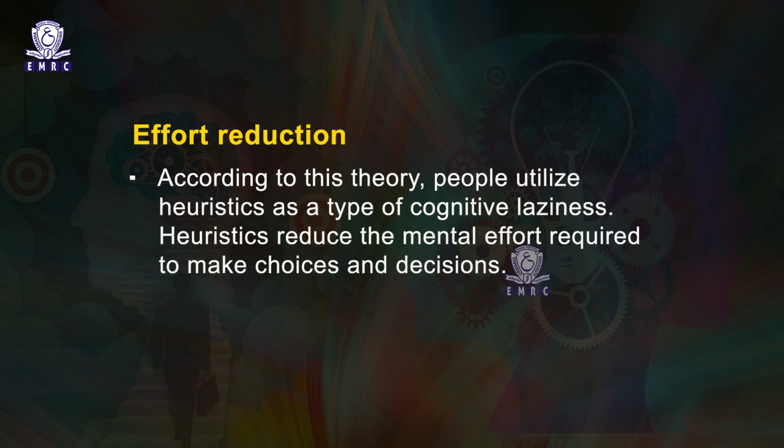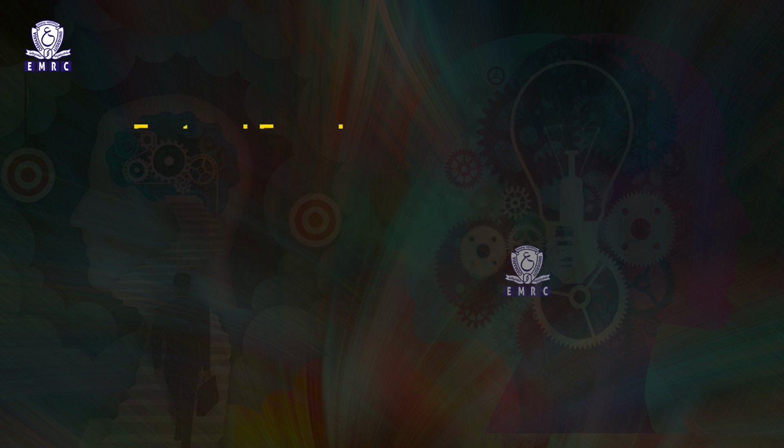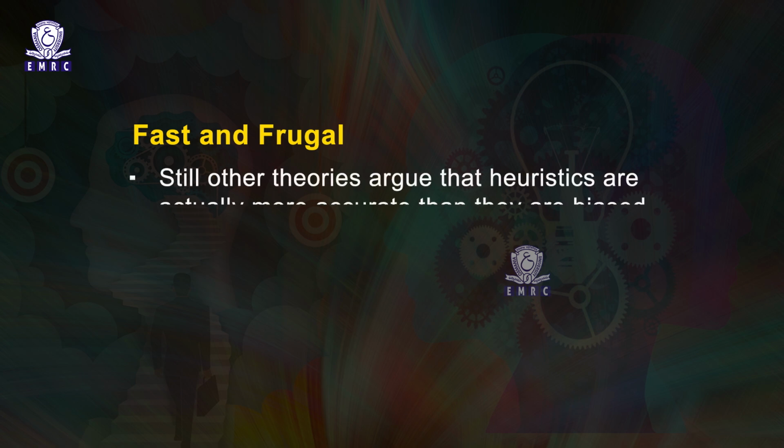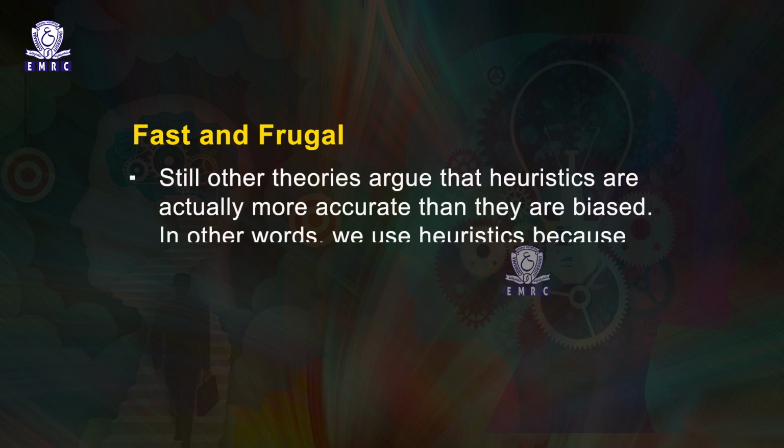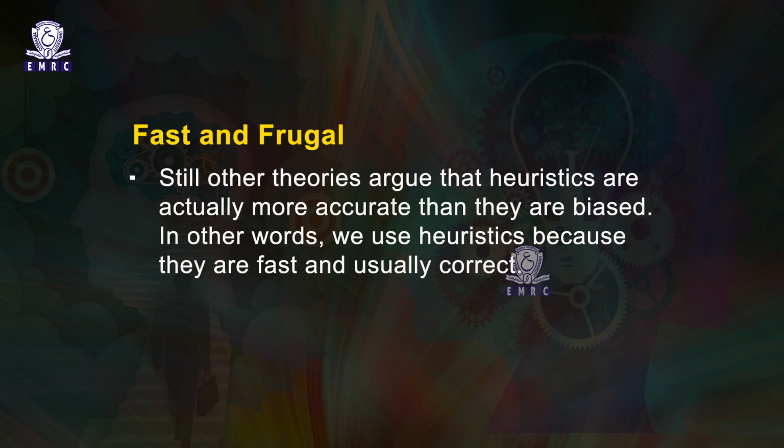Heuristics reduce the mental effort required to make choices and decisions. Fast and frugal. Still, other theories argue that heuristics are actually more accurate than they are biased. In other words, we use heuristics because they are fast and usually correct.